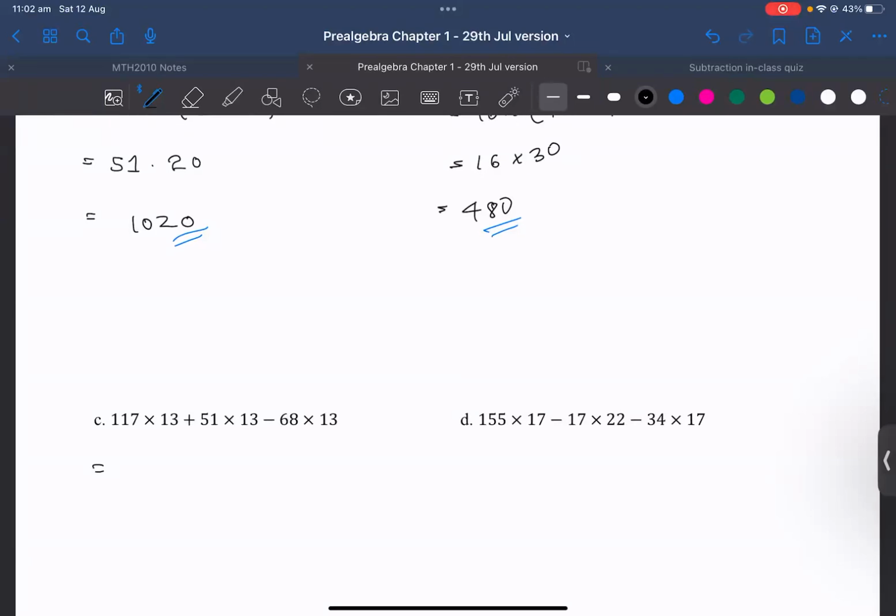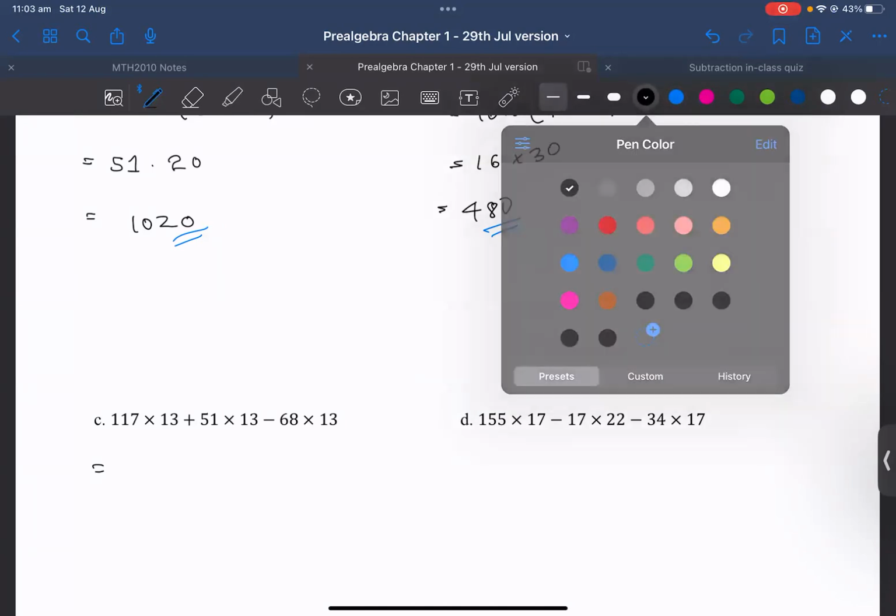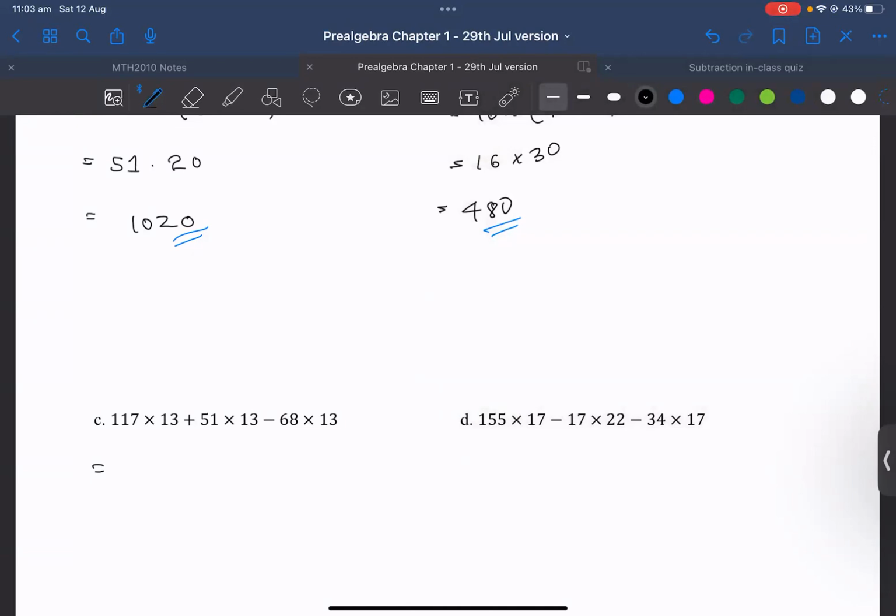So for C, has everyone finished C? If you haven't finished C, let me know. All right, good. What about you, Ryan? So if you take out the 13, I should take it to the right.